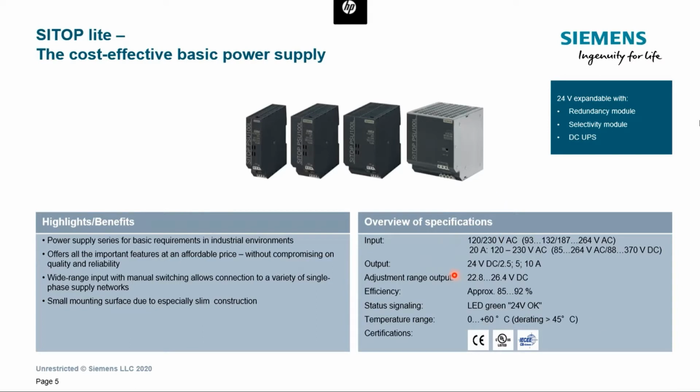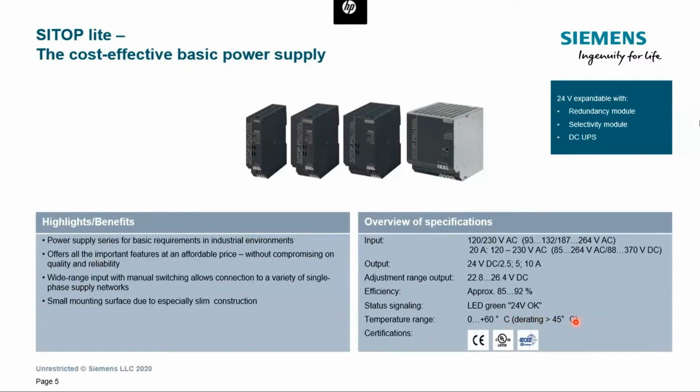Again, we have the efficiency around 90–92%, and signaling still is via just a visual LED to indicate that the 24 volt is okay. And you can see here that on the operating temperature side, it operates up to 60 degrees, unlike the other power supplies, and it starts derating after 45 degrees.